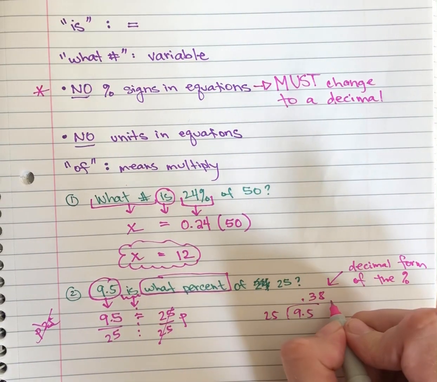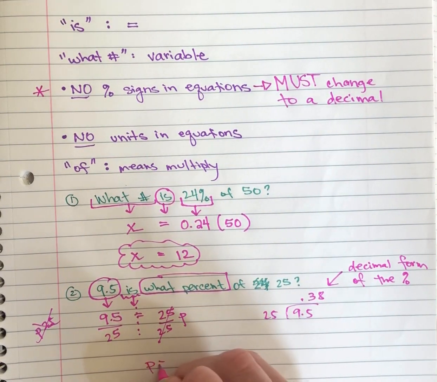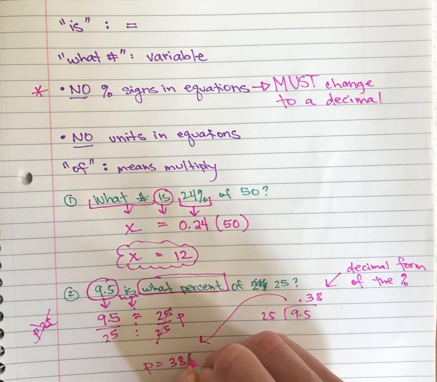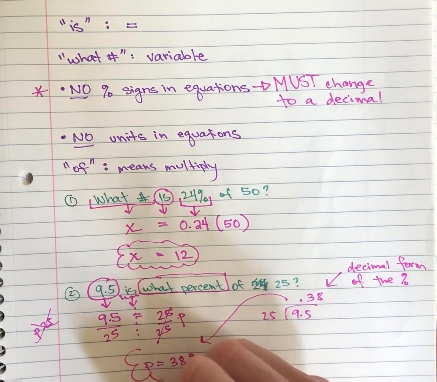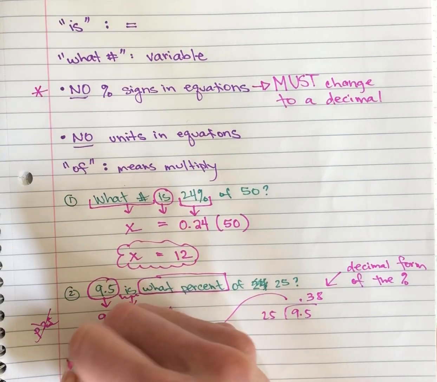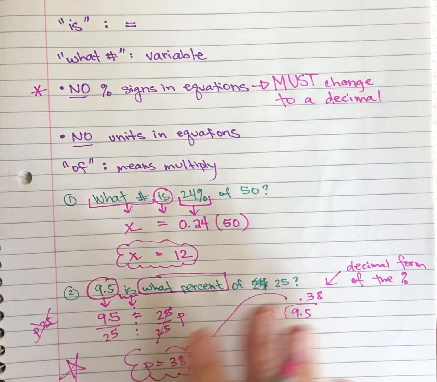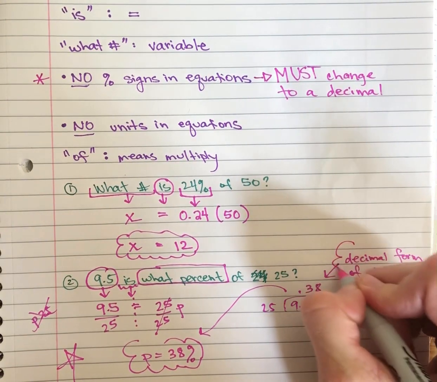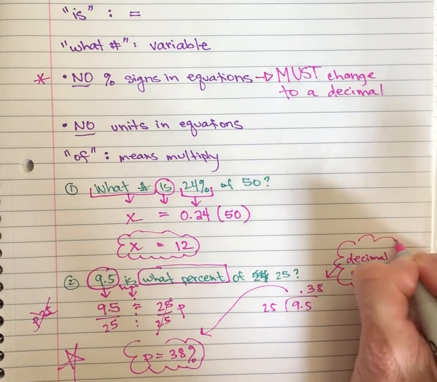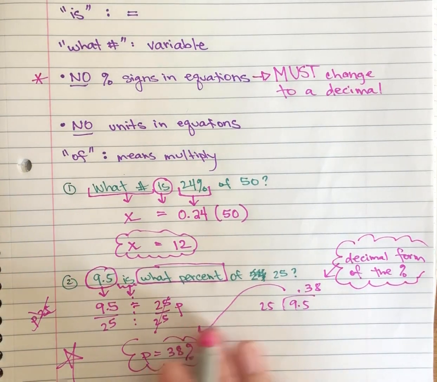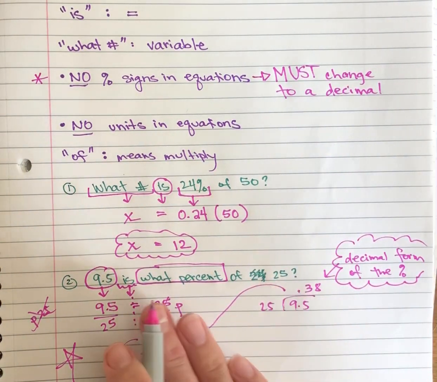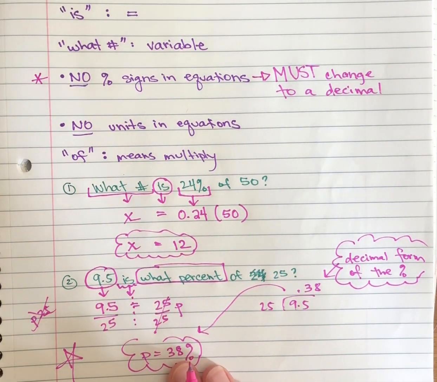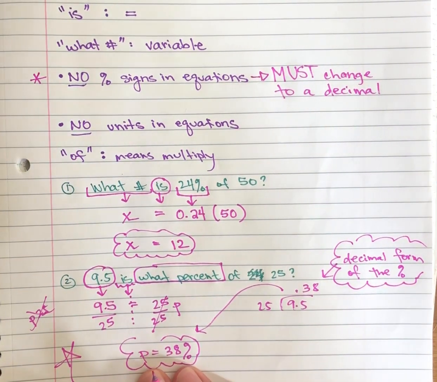So 0.38 translates to 38%. So this one is tricky. Be careful of that. Reference it if you need to, okay? This is the big idea here. Anytime we use an equation, we're using the decimal form. If the question is asking for a percent, you have to change the decimal into a percent for your final answer, okay?